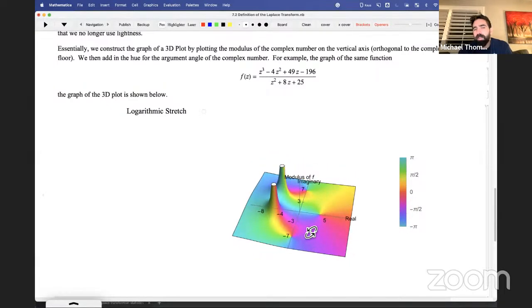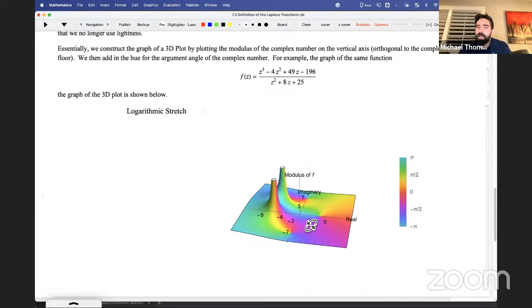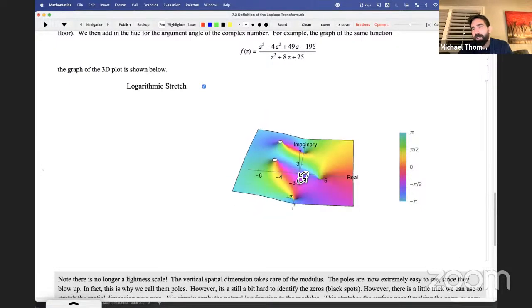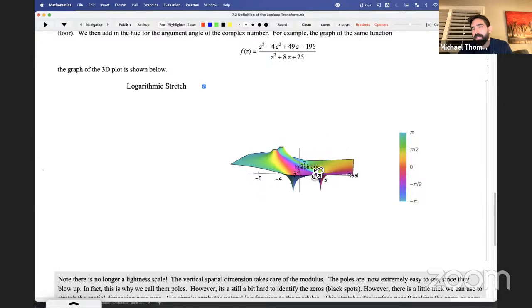So, one way you could fix this is you could apply a log function to it. If you think about the log function near 0, it stretches things out. The log of a small number goes off to negative infinity. So if I take the modulus and apply the log function, you can make this thing look a little more helpful. You can still see the poles up top, but now it's stretching out the zeros.